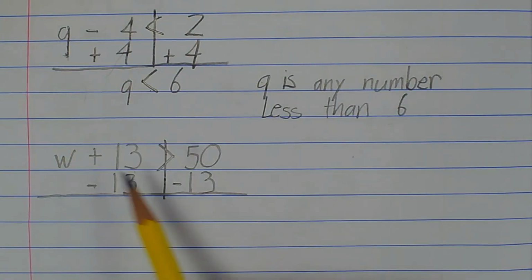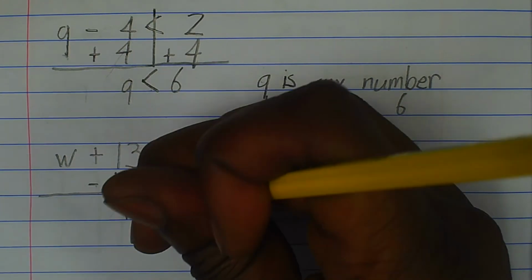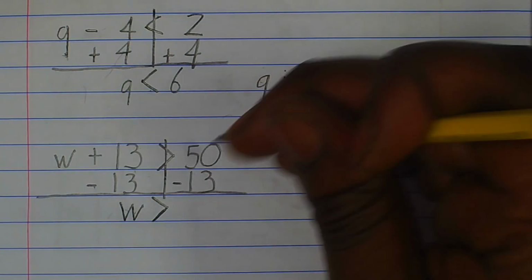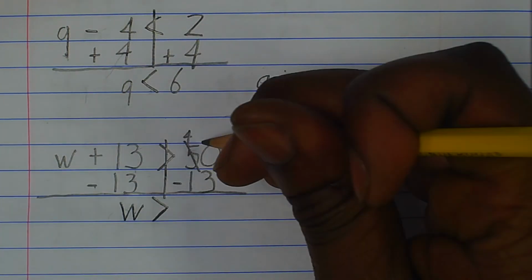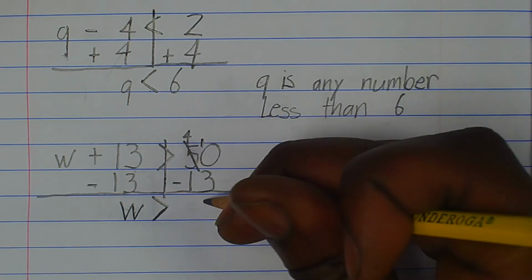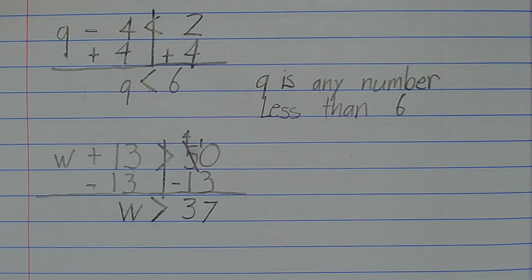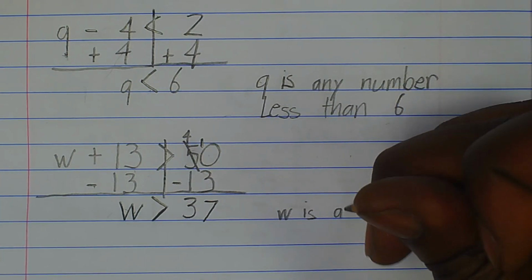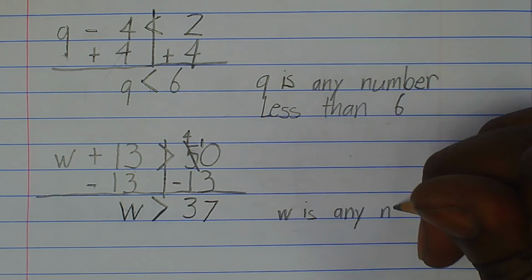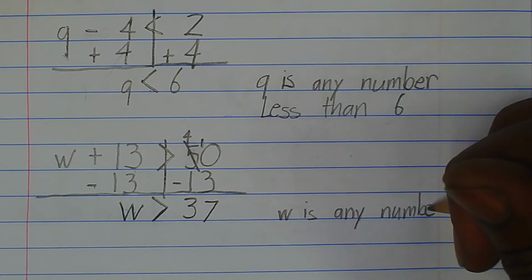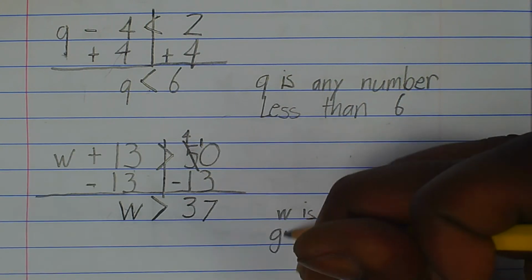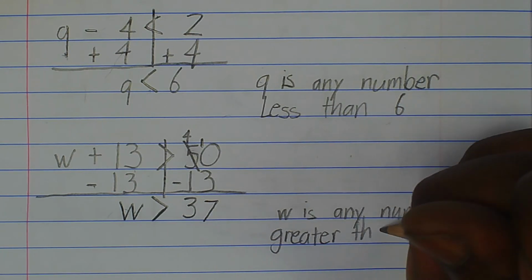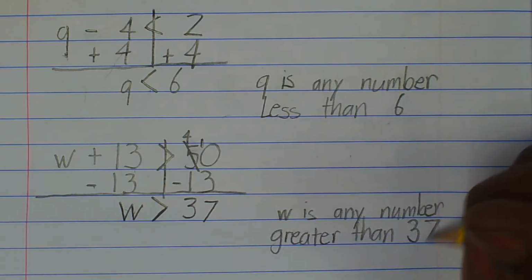Once we subtract, we're left with W is greater than, and once we subtract, we regroup here, that's 4, that's 1, 7, 3. So that means W is any number greater than 37.